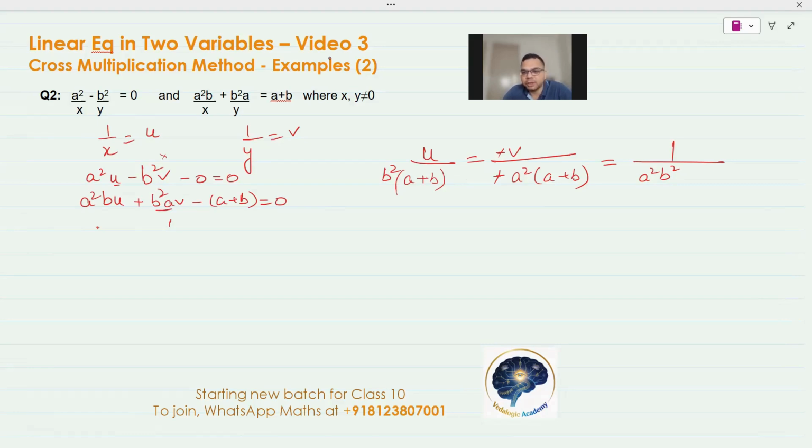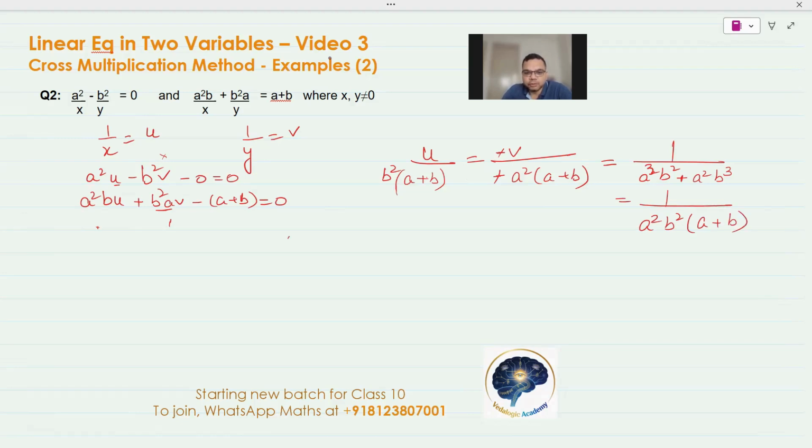So it becomes a cube b square minus. This minus is already there, so it gets cancelled and becomes positive, because minus minus is positive, and it becomes a square b cube, which is nothing but, if I take a square b square common, a square b square into a plus b.